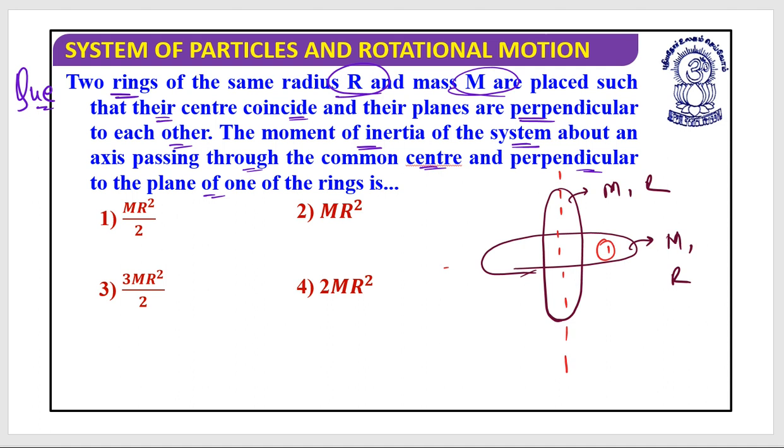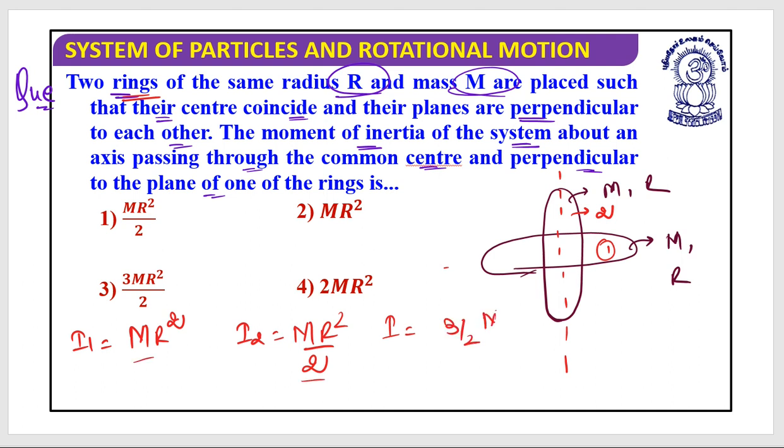This is the first ring and the axis is perpendicular to it. For I1, as it is a ring, I1 is m r square. For I2 it is about a diameter, so it's m r square by 2. So I is m r square plus m r square by 2, which is 3/2 m r square.